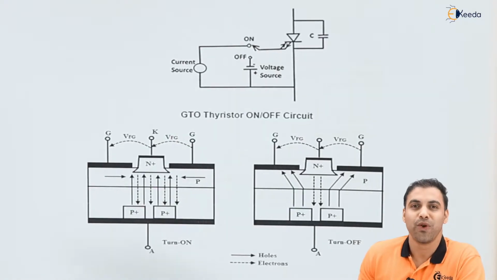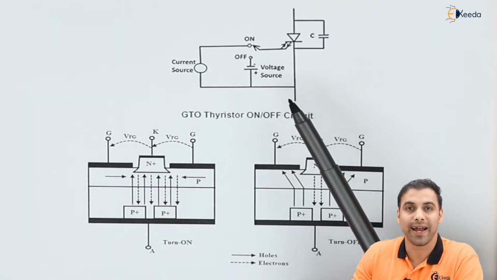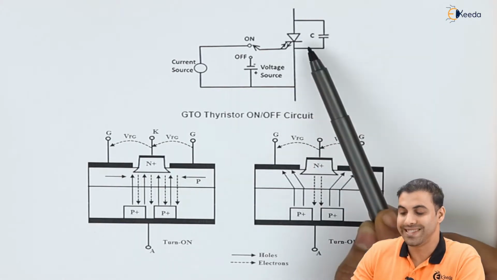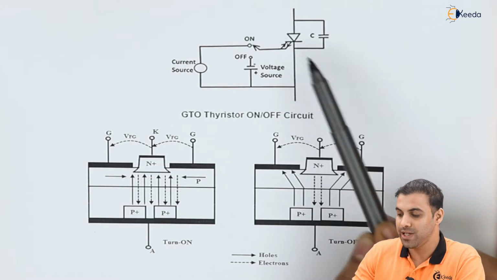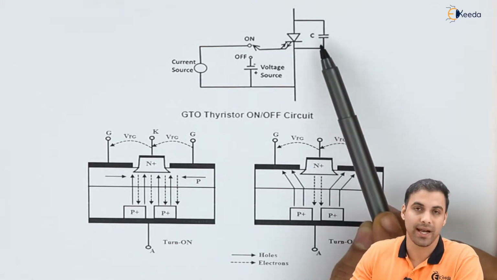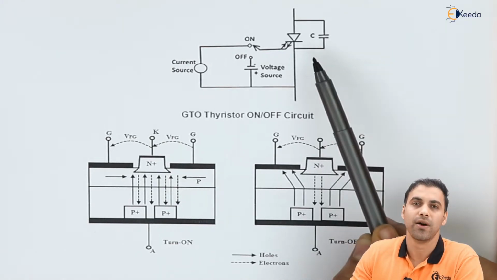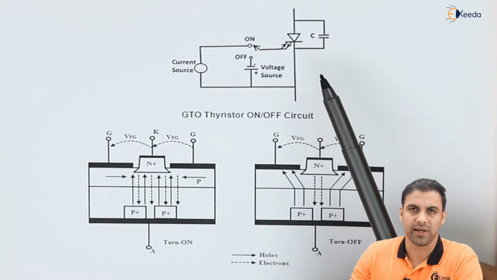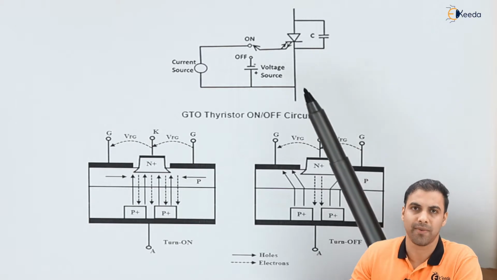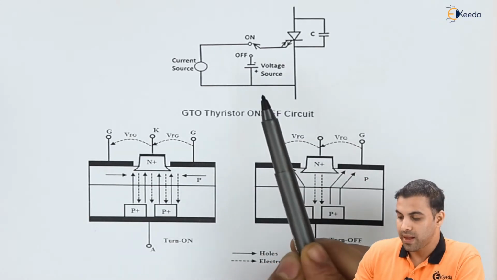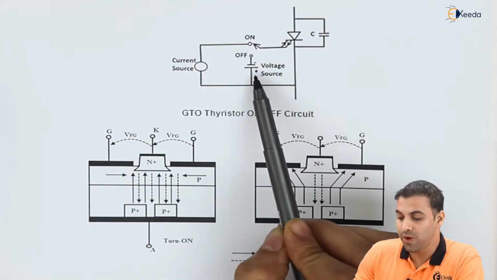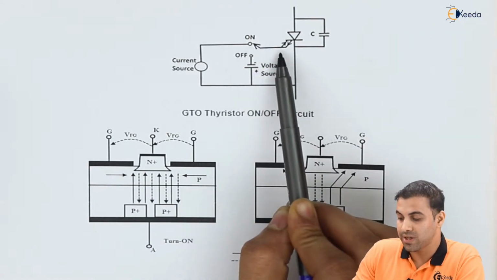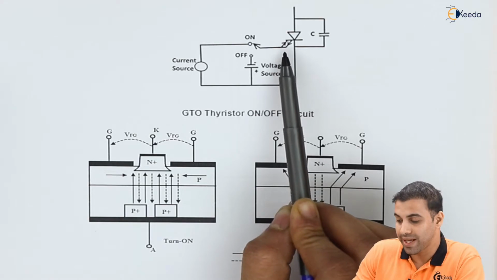So friends, this is the circuit diagram of an electrical circuit consisting of a GTO. As we all know, the capacitor is connected to protect the circuit from dV by dt triggering, as we have already seen in the thyristor chapter. Let's say here I have connected a small voltage source with a switch, which is connected to the thyristor or the GTO gate terminal.